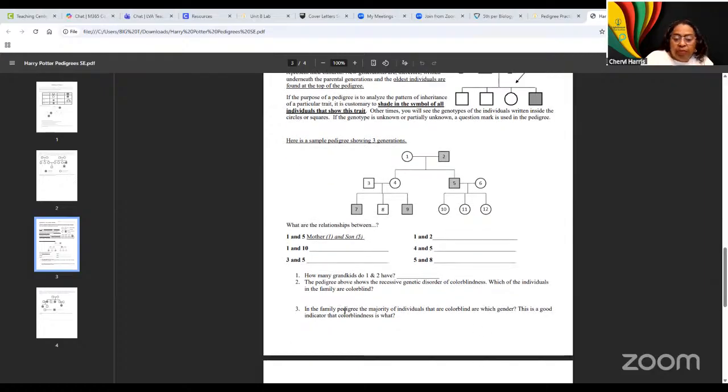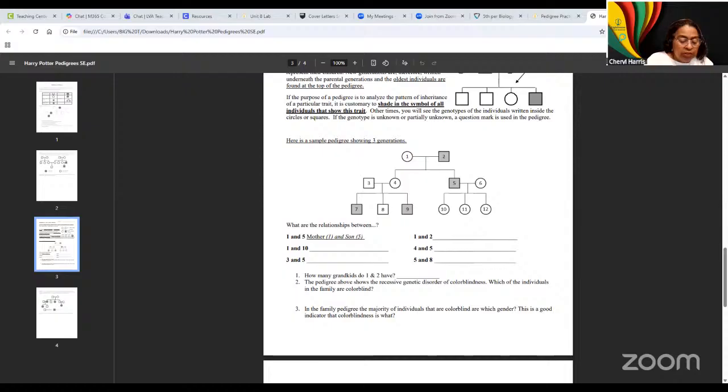All right, in this family pedigree, the majority of the individuals that are colorblind are what gender? What are all the squares? Male.